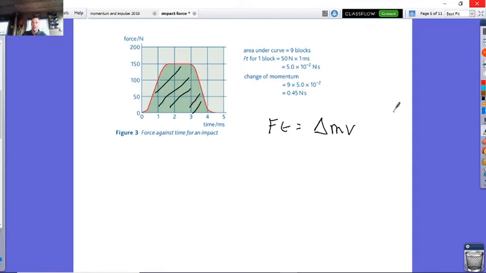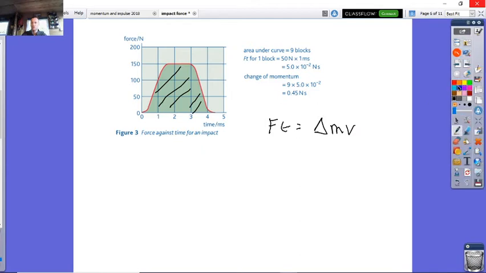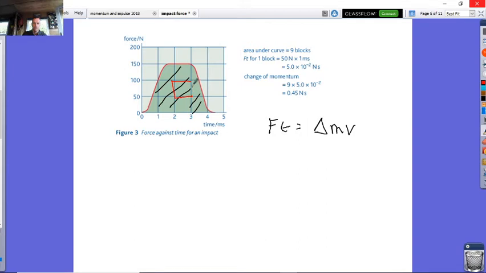Now, to work out the area under the graph, you can count squares. One little square going over here has an area of 50 newtons going up, and then your time goes across there, which is 1 times 10 to the minus 3, a millisecond.